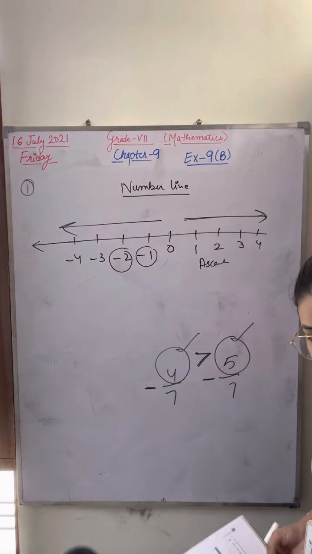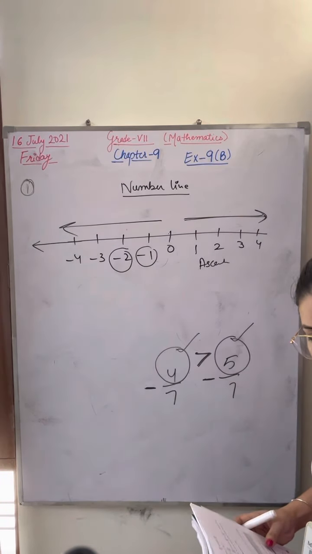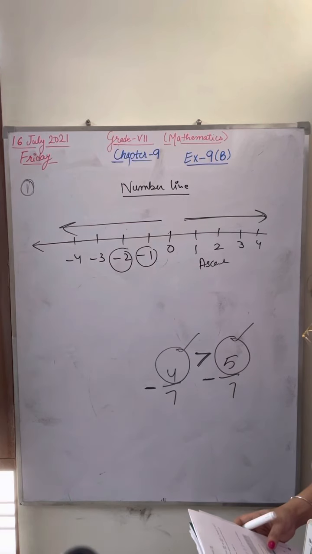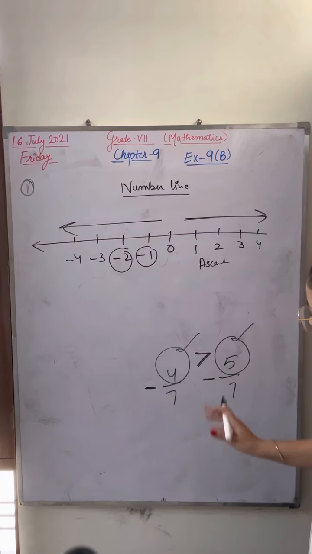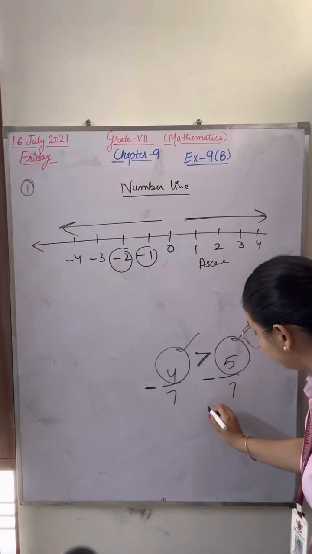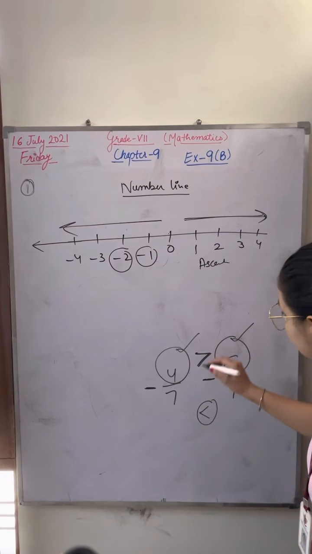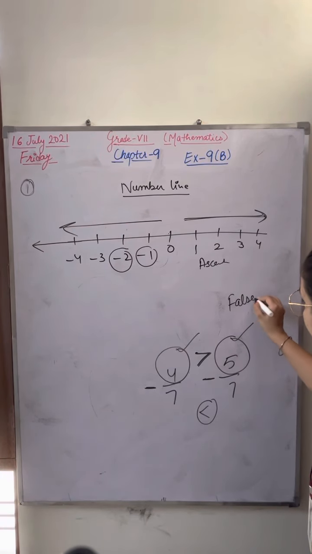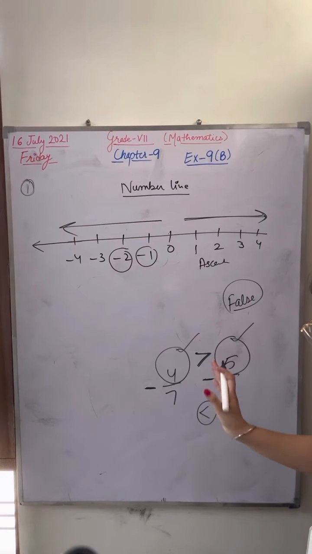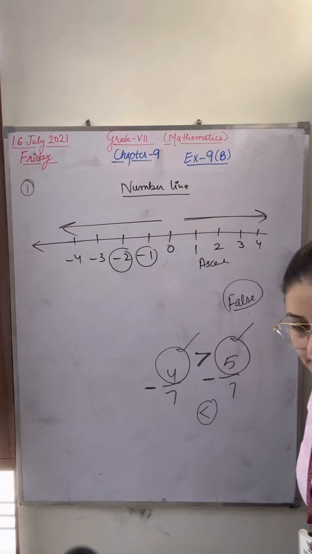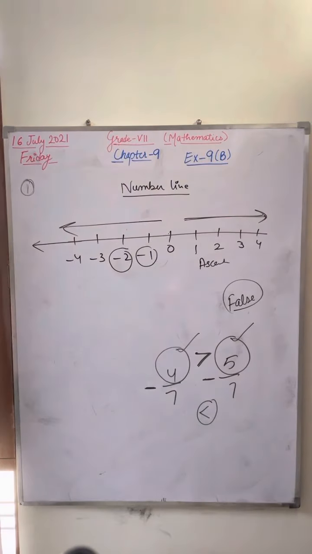Is the sign given correct in the book? No. In the book they have written this sign, so that means the last part is false. Understood by everyone? Very good.